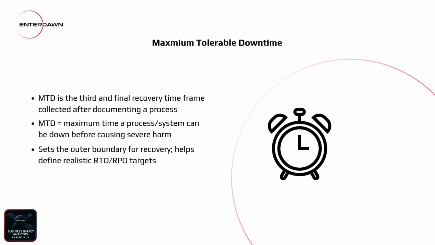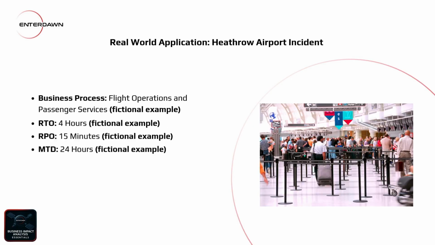Recovery timeframes are only part of the story. Next, we'll assess the consequences of disruption by looking at impact types across multiple dimensions. Using the previous case study we did on Heathrow Airport, let's use this real-world inspired example to help bring these concepts to life.